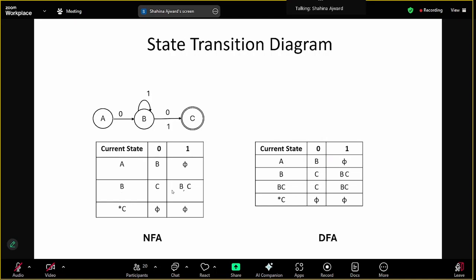For the C, there's no transition. Since for the B it is BC, we write BC here. And for the C, we don't have anything, so we write phi.